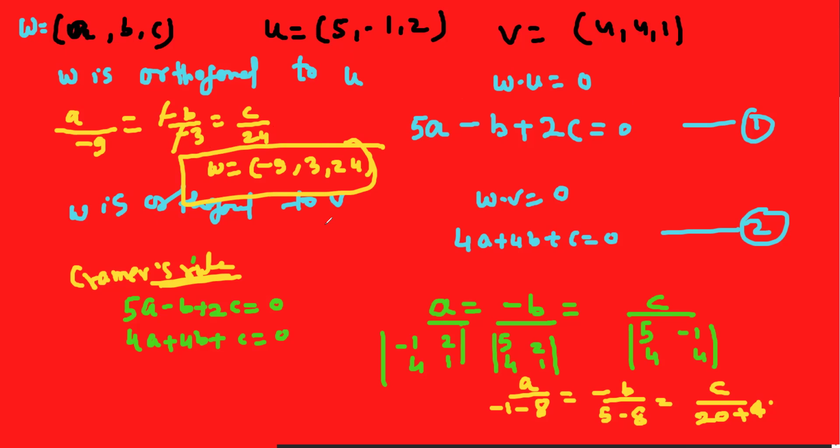So the rule I need to memorize is always: if the dot product of two vectors is equal to 0, that means they are orthogonal. Clear? Just go through it once.